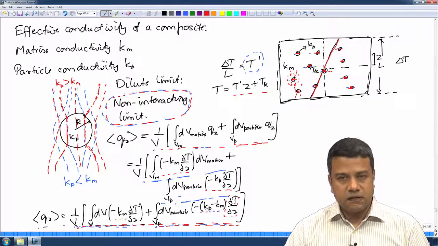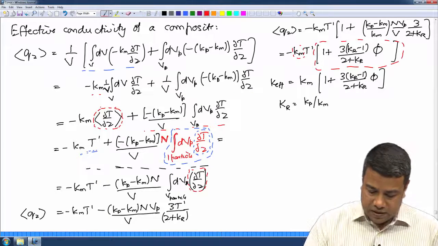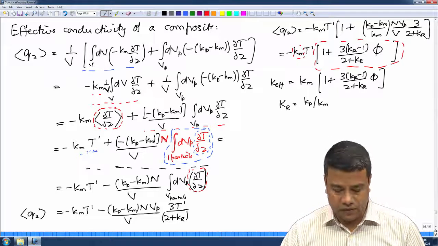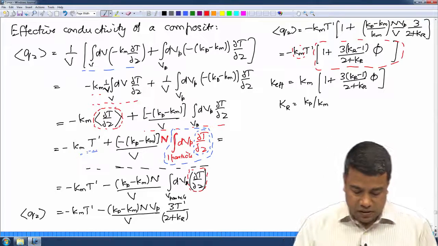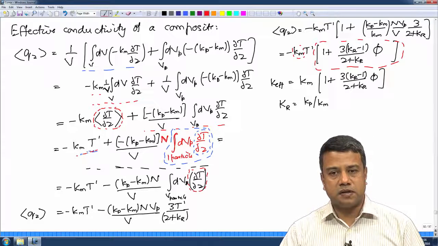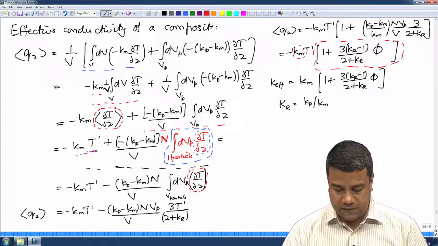The advantage of doing it in this manner is that the first term just reduces to an average of the gradient over the entire volume. That has to be, of course, equal to the applied temperature gradient, because the average temperature gradient over the entire volume has to reduce to the applied temperature gradient.